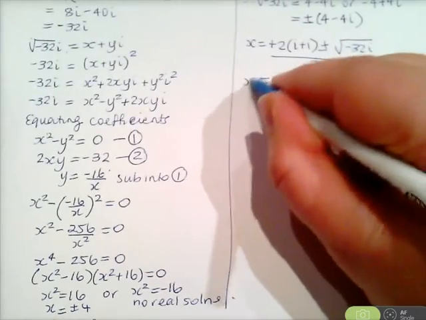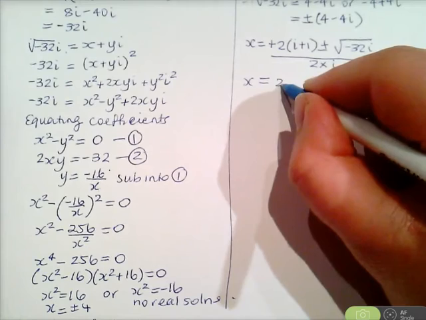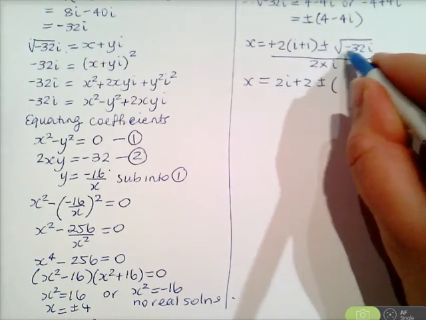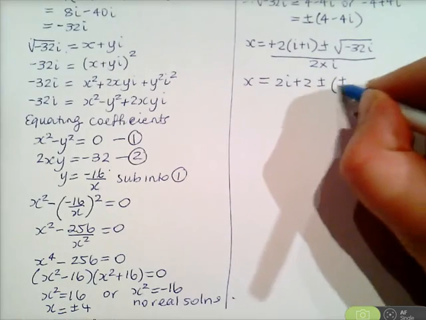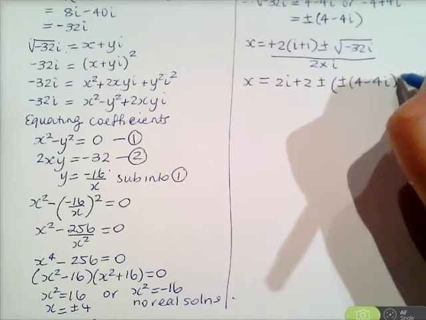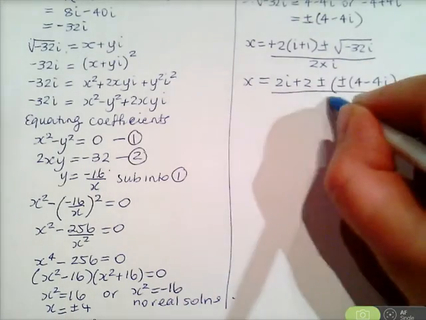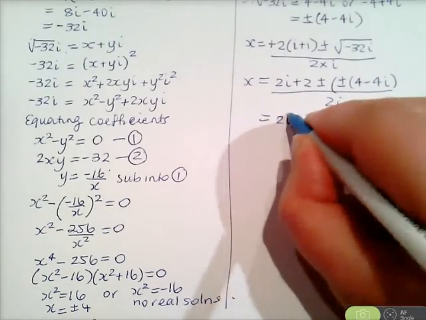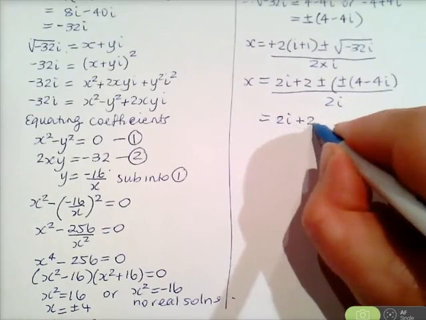So we'll get that x is 2i plus 2 plus or minus, now the square root of negative 32i is plus or minus 4 minus 4i. So now over 2i. So now expanding this, we've got 2i plus 2.